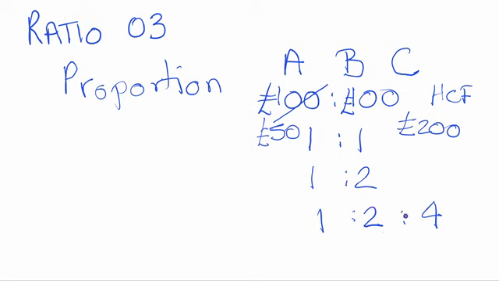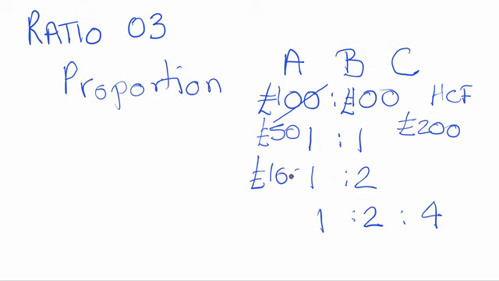Now this is a really good way of dealing with sharing out of anything between various groups, because it means that in total, if I were to suddenly win the pools or something, and I give £100 now, I double everything.